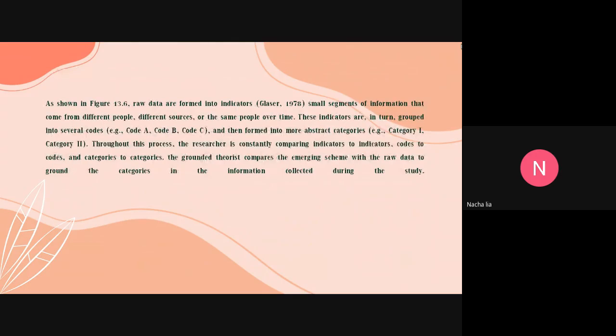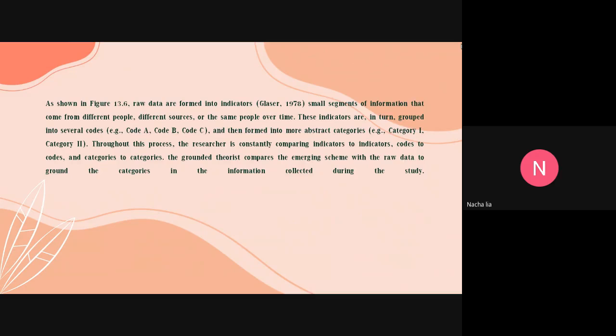As shown in figure 13.6, raw data are formed into indicators. According to Glaser, 1978, these are small segments of information that come from different people, different sources, or the same people over time.